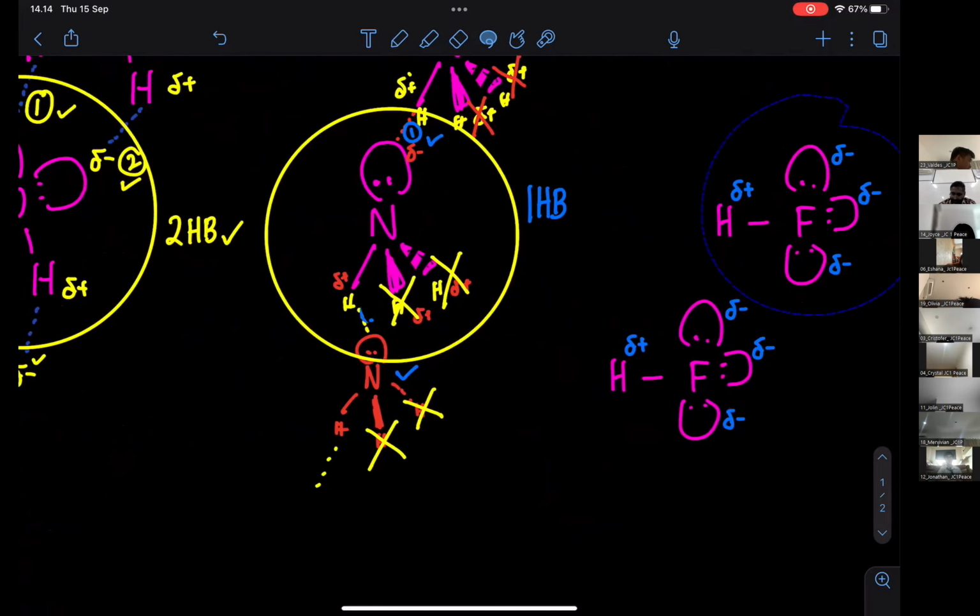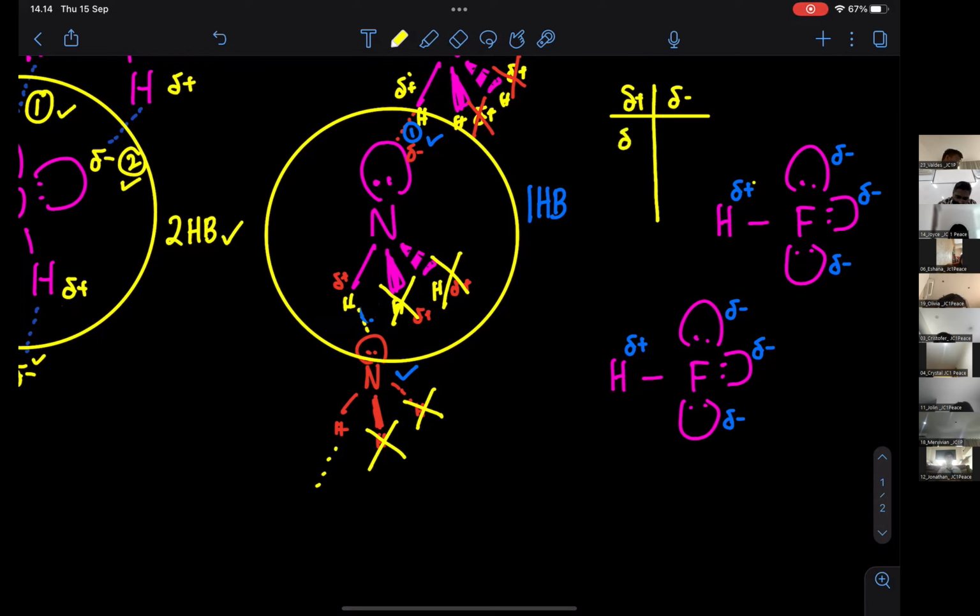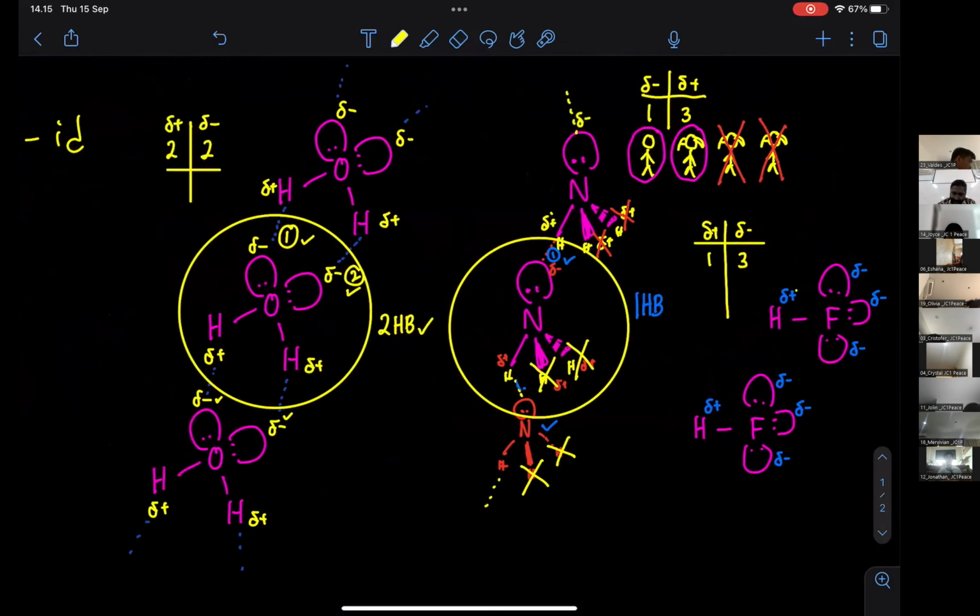Now if I put the delta plus and delta negative per molecule, how many delta plus, how many delta negative? You see one delta plus, and how many delta negative? You have three. Similar to just now, 1 and 3.